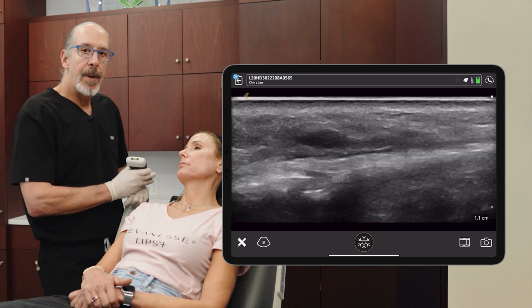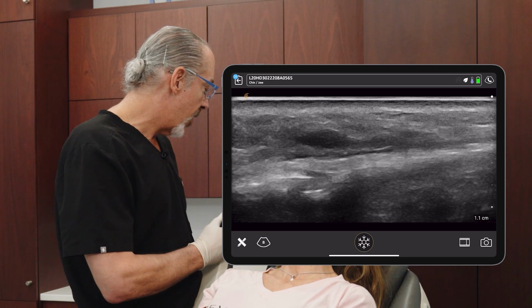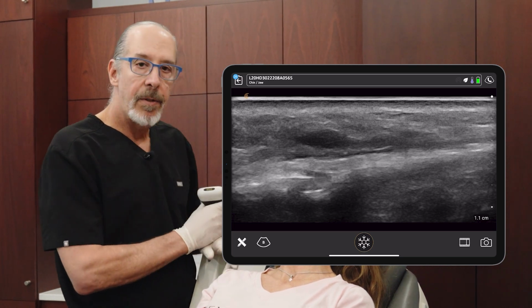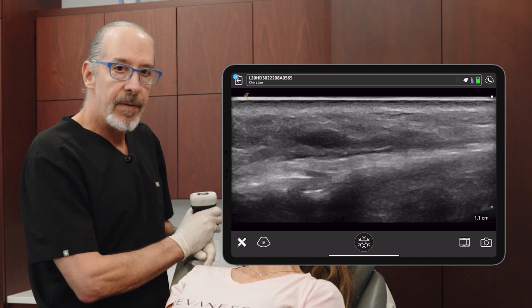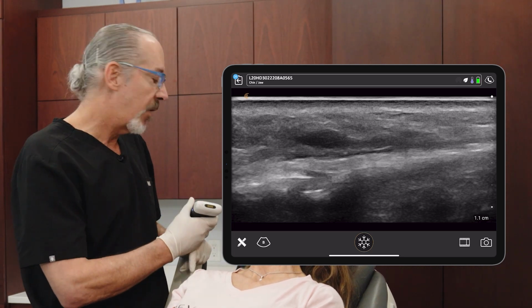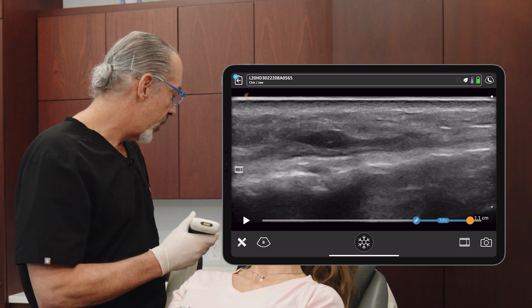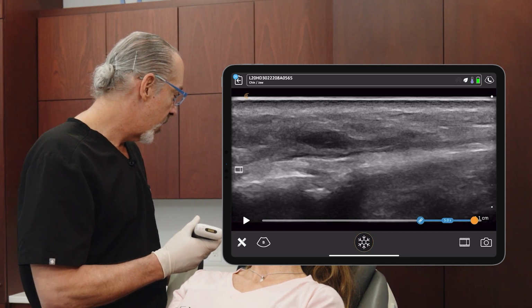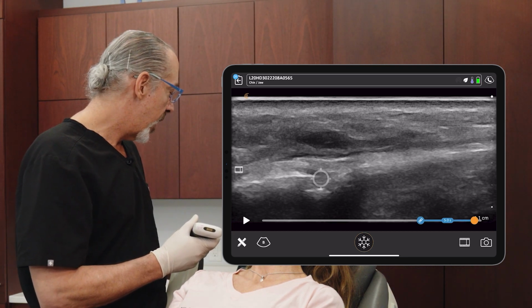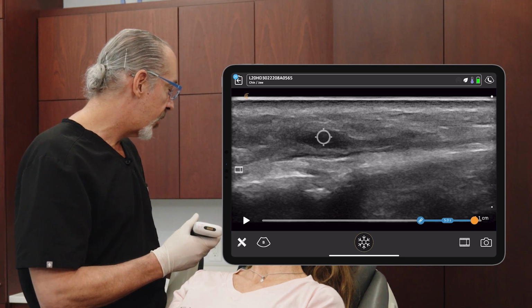So we're looking at the mental foramen right now, and that's going to be right here. Through that mental foramen is going to be your mental artery and vein, as well as the mental nerve. Let me get a better view of that. Right there. So this is the mental foramen, and it's deep to the DAO almost always.